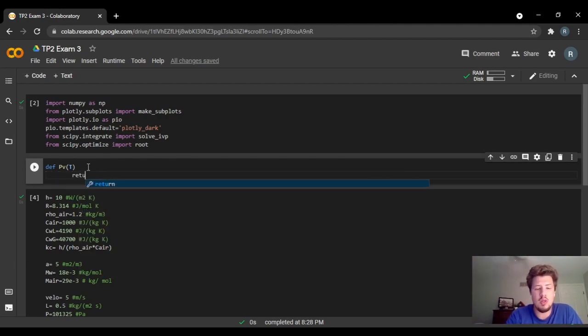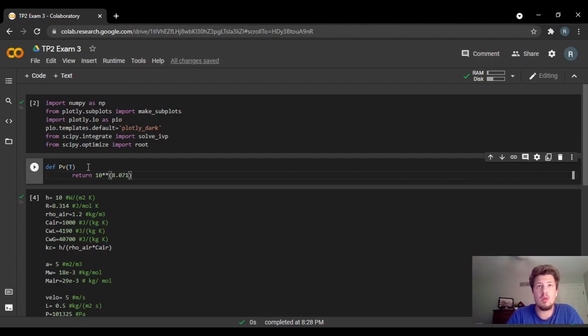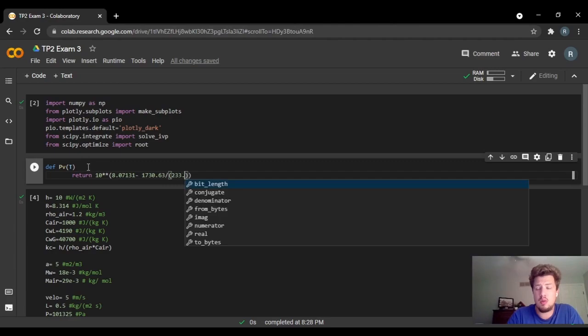So we want to return our value, and I'm going to look up Antoine's equation for the partial pressure of water, which looks like it's 10 raised to the 8.0131 minus 1730.63 divided by 233.426.